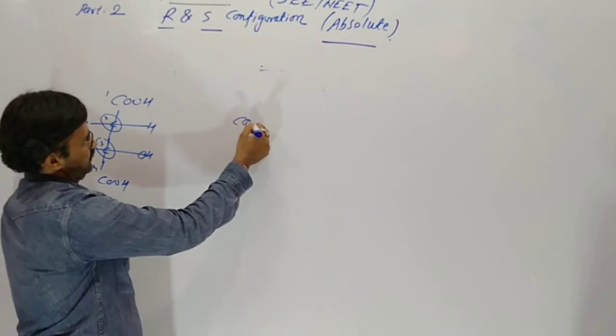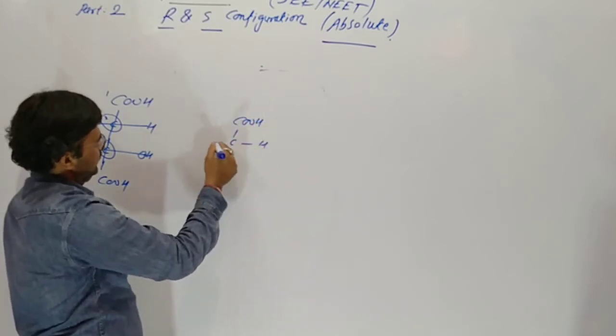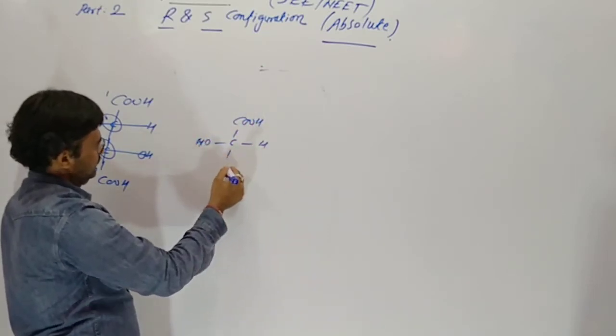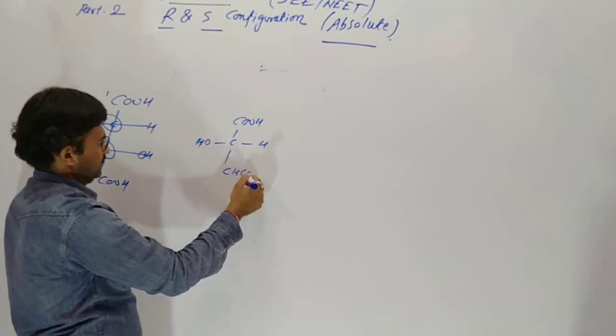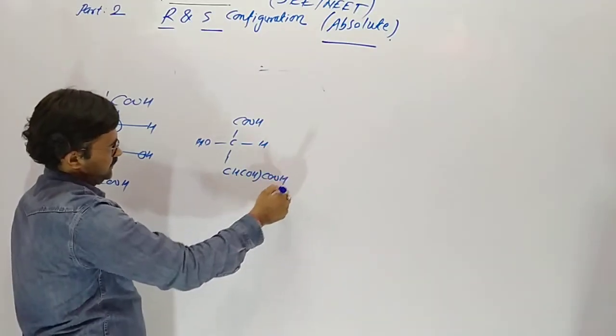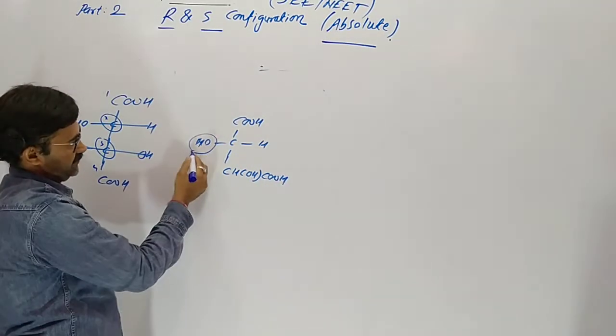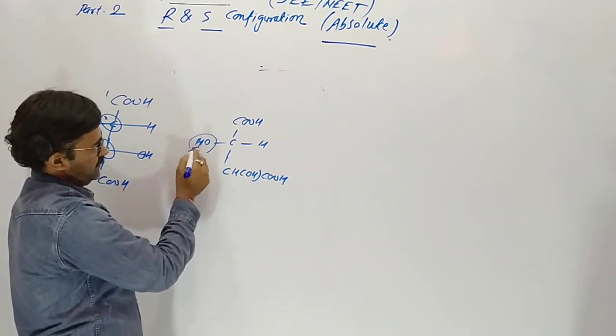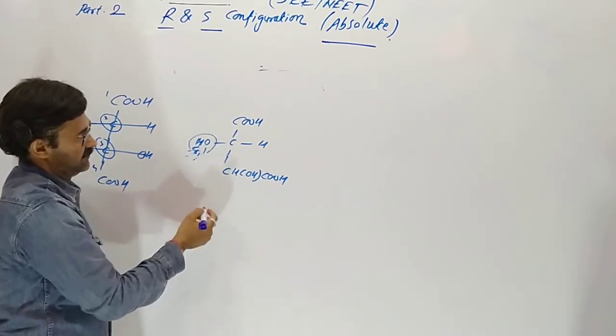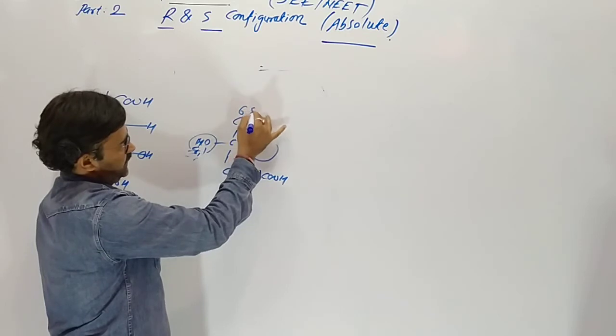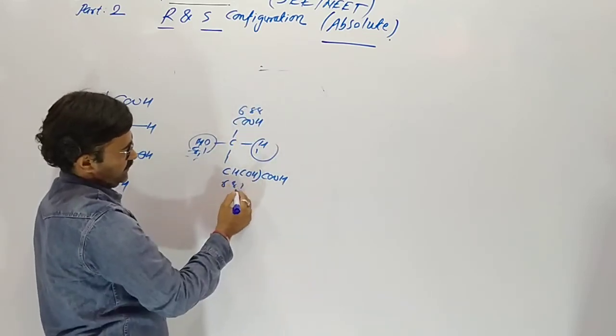So first of all COOH, H, OH, then abbreviated CHOH, COOH. Here we have 8, 1; 8, 1; 8, 1, 1; 6, 8, 8; 6, 8, 1.